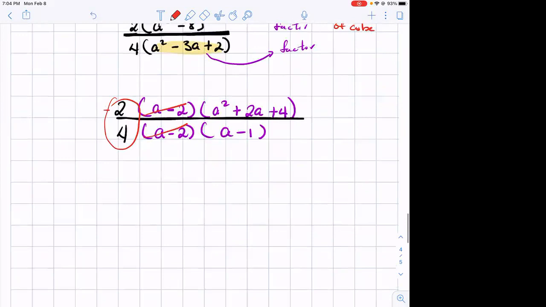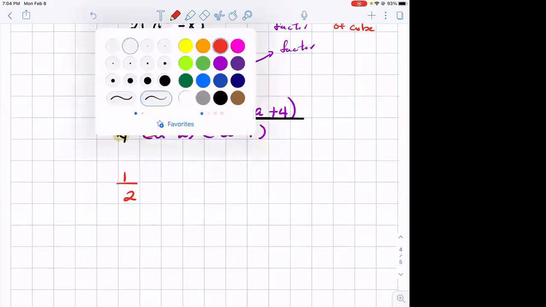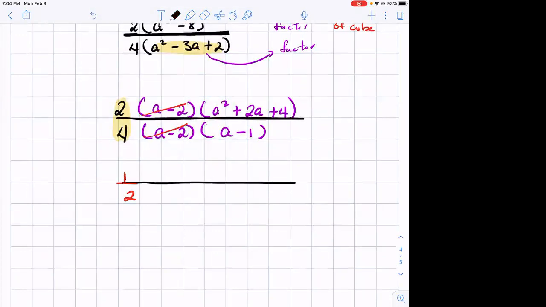If you divide the top by 2 and the bottom by 2, this can be simplified. 2 over 4 is the same as 1 over 2. And we have left a squared plus 2a plus 4 over a minus 1.